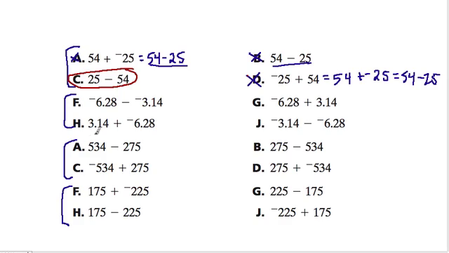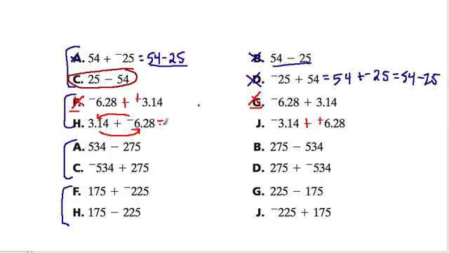Next problem, now we have decimals here, but we're going to use the same reasoning. This is like adding 3.14, subtracting a negative. So these two, G and F, look at them, they're identical. So they have to be the same to each other. Here, this is like adding on 6.28. And here, this is like taking away 6.28. But we can switch these two right here, again, because of the commutative property.